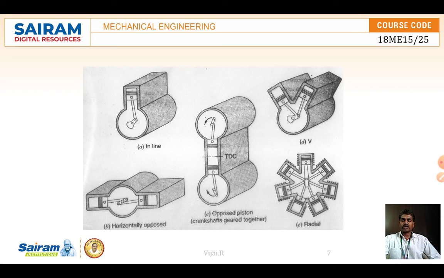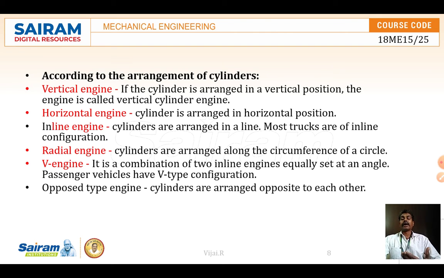Then opposed pistons, where two cylinders are arranged in opposite directions; when suction is taking place on one side, compression will be on the other side, because the piston movement is in opposite directions. In the V type, two cylinders are arranged at an angle, so when the crankshaft rotates, the pistons in the two cylinders are at different positions. That is called a V cylinder. And a radial cylinder, and a horizontally opposed cylinder. These are some types of classification according to the arrangement of cylinders.